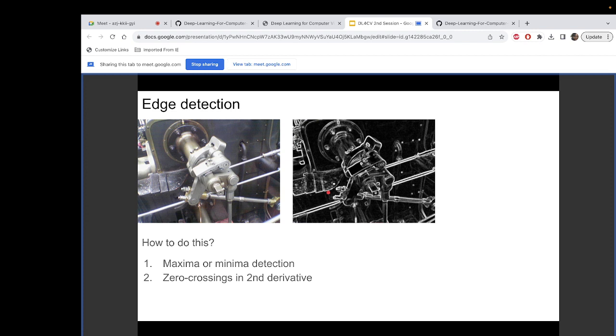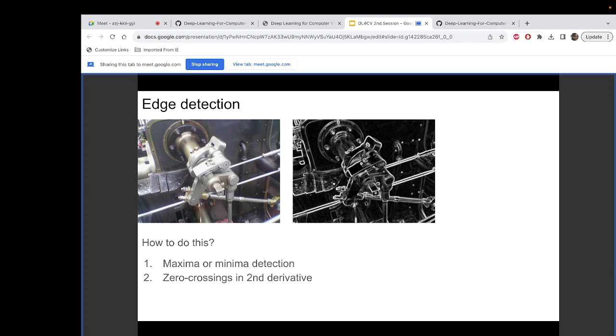Edge detection in our view is very fundamental and very important, and some of the algorithms that we show here are used even to this day in this era of deep learning and huge models. Even then these edge detection algorithms are still very popular.